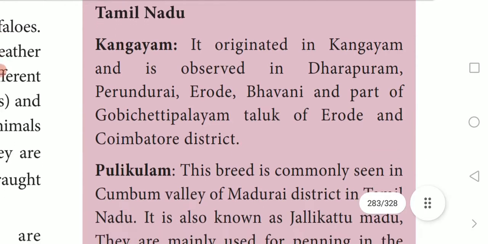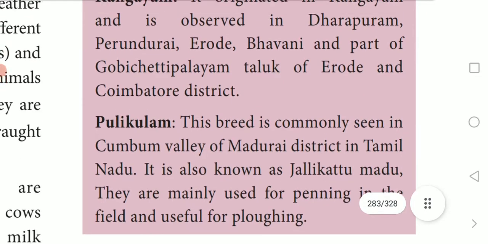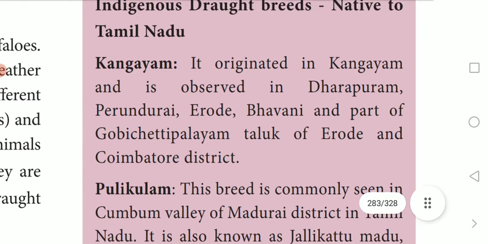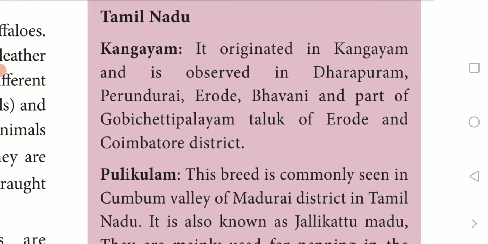Here there is some small information given. Indigenous drought breeds are native to Tamil Nadu. That is Kangeyam and Pulikulam. Kangeyam originated in Kangeyam and is found in Dharapuram, Perundurai of Erode district, then Bhavani and part of the Gobichettipalayam Taluka of Erode and Coimbatore districts.